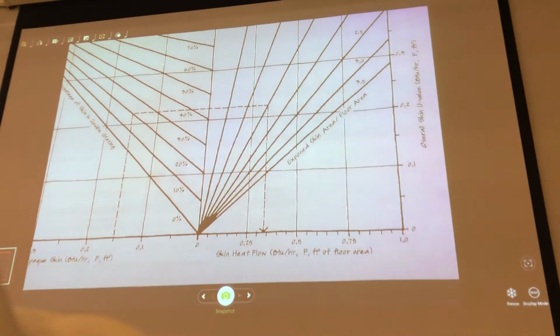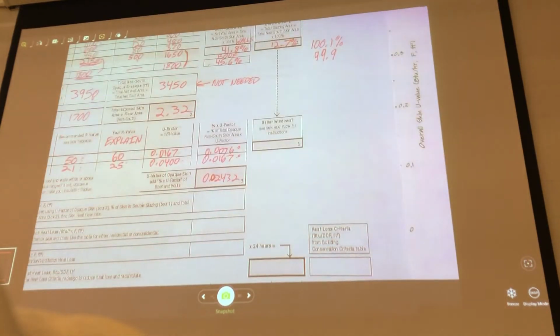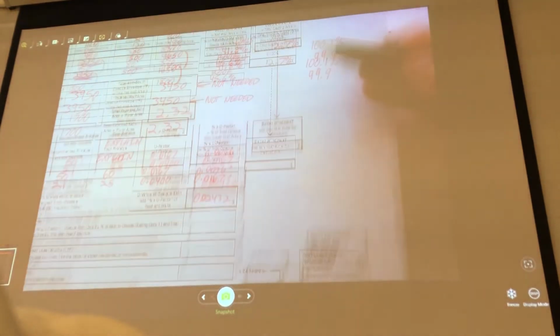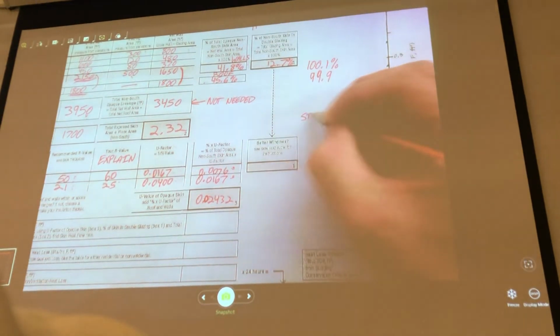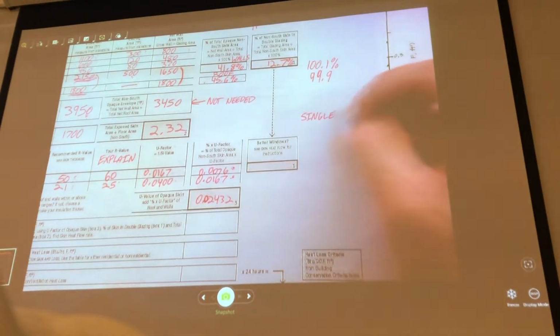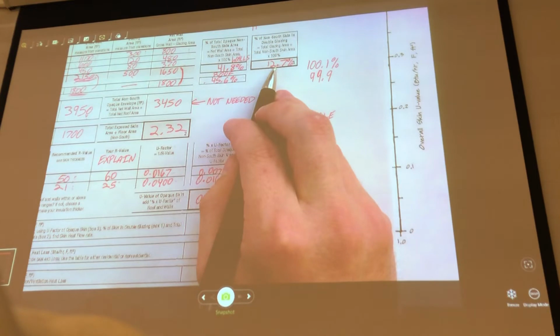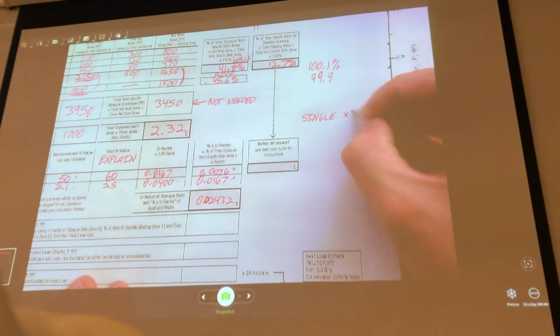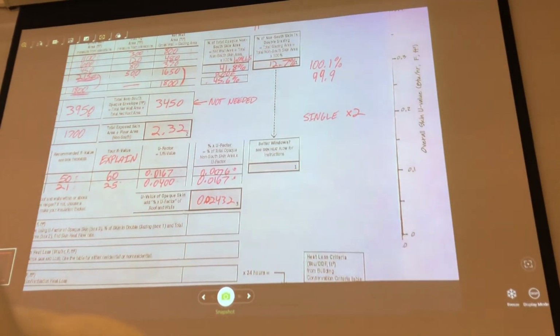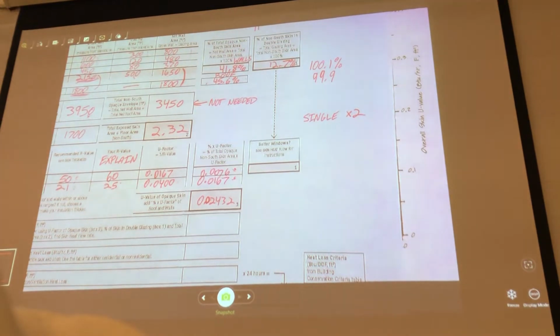All right, so now for figuring out our glass. Again, it all depends on what kind of glass you're using. If you're going to use single pane glass, so single glass, you're going to take this percentage and multiply it by 2. Don't worry about adjusting any other percentage.